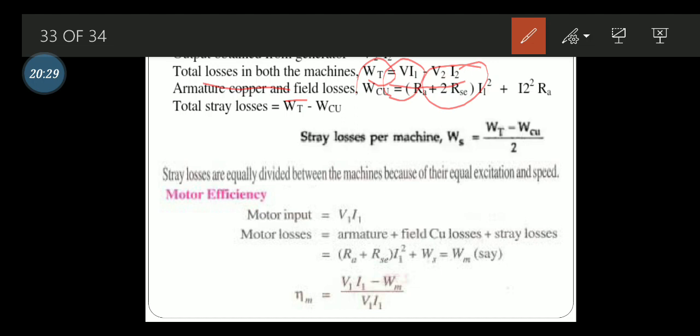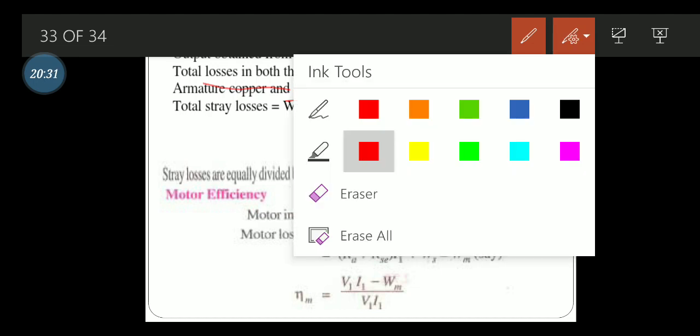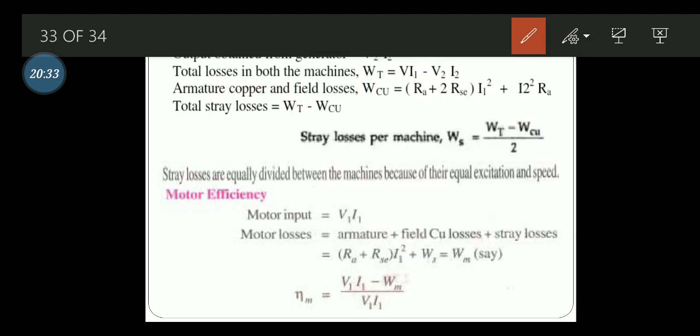Then the armature copper and field losses. What are the armature copper and field losses?